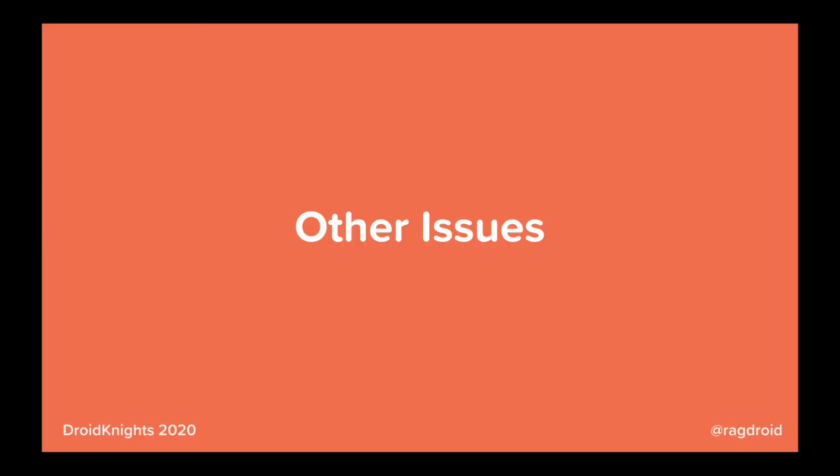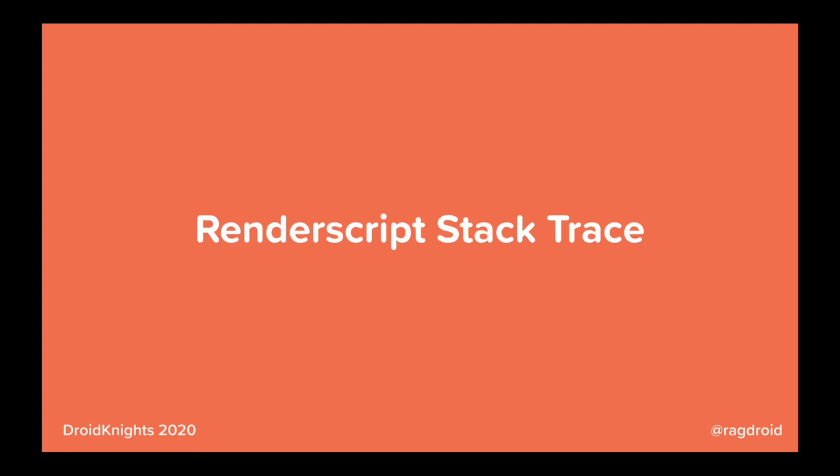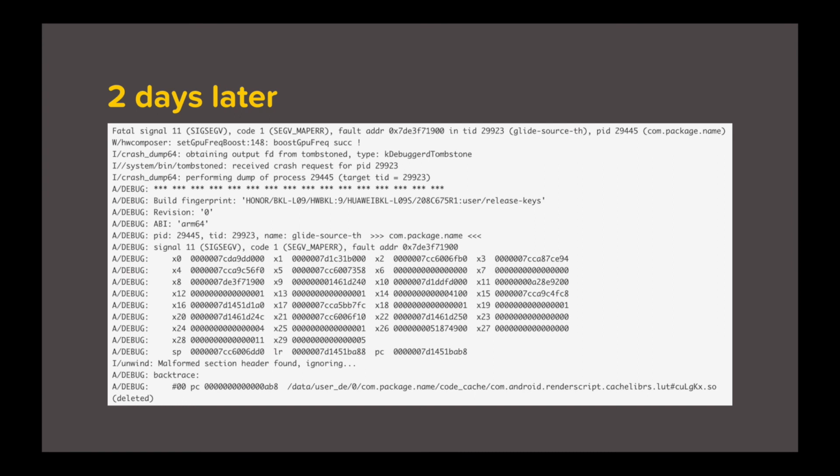So interpolation worked and everybody was happy, but there were other minor issues. After fiddling with the app for a few days, living in the dream world where everything is working, I randomly started getting crashes, and 2 days later I saw this stack trace, and it was absurd.